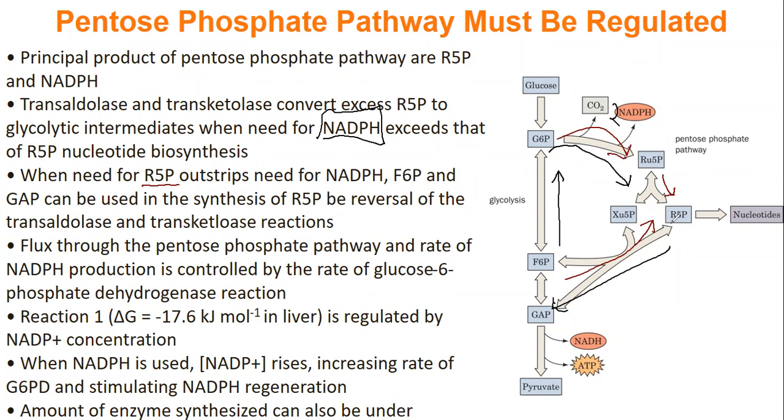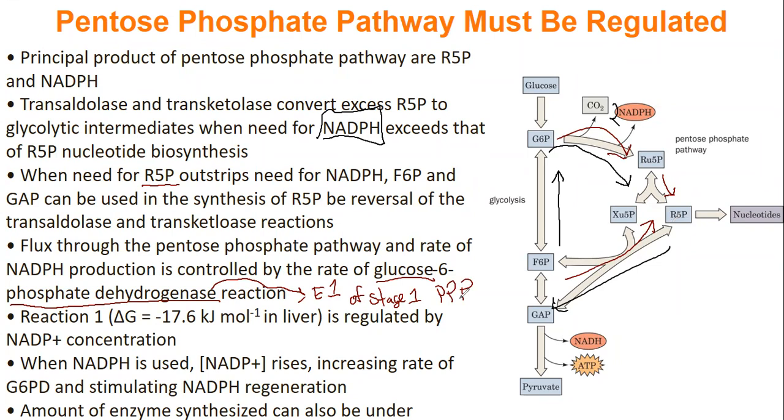And the flux is going to be mainly controlled by glucose 6-phosphate dehydrogenase. Remember, this is enzyme 1 of stage 1 of the pentose phosphate pathway, PPP.